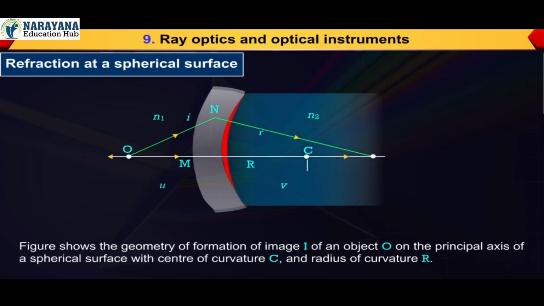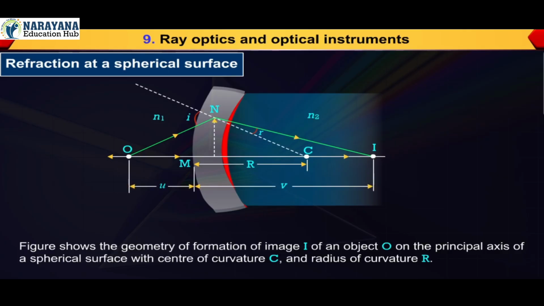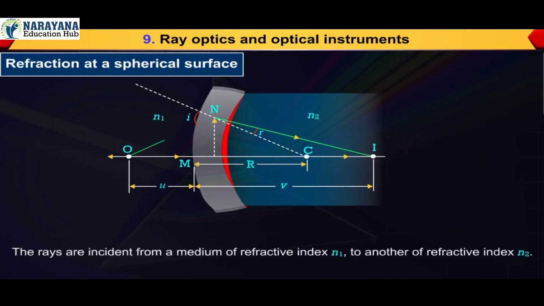Figure shows the geometry of formation of image I of an object O on the principal axis of a spherical surface with center of curvature C and radius of curvature R. The rays are incident from a medium of refractive index n1 to another of refractive index n2.